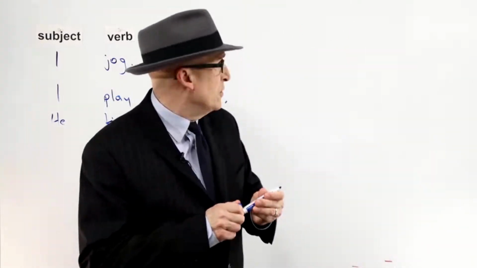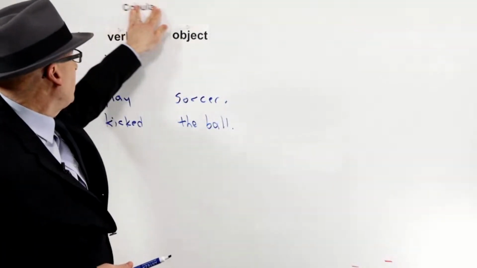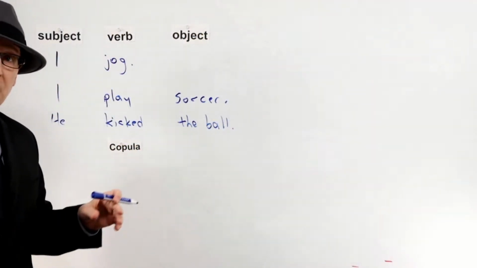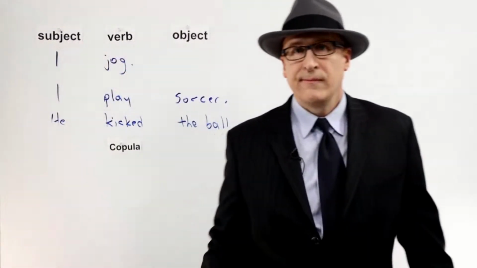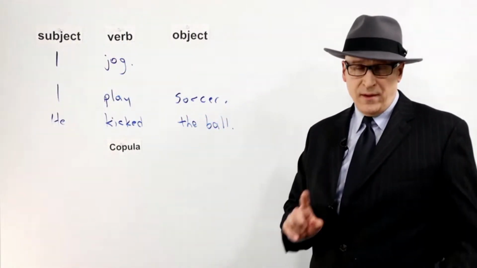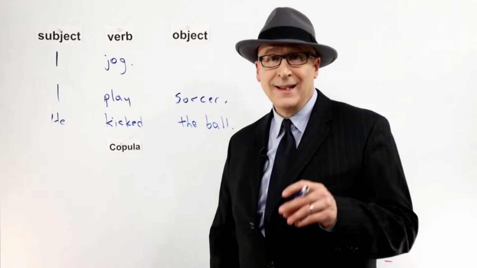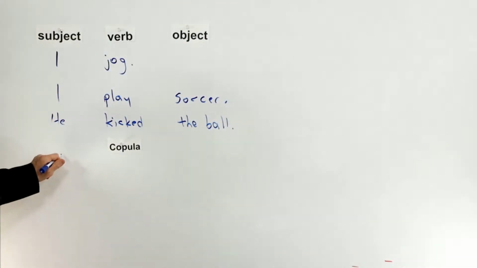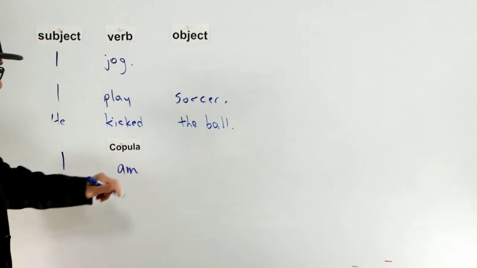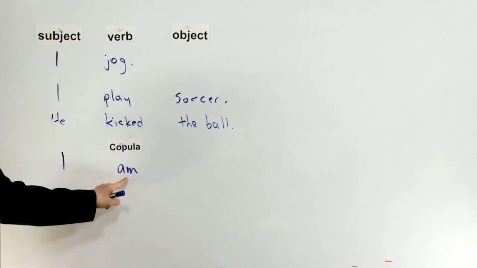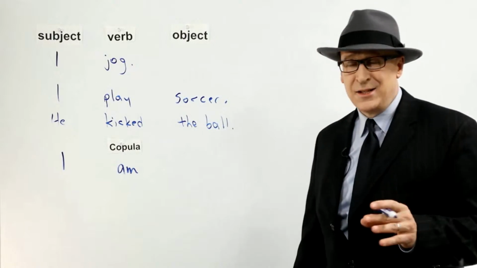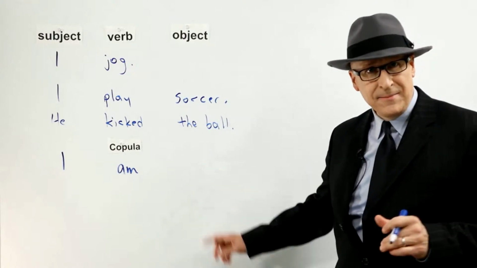You may recall that I introduced something called a copular verb. And copular verbs are what we call linking verbs. And you're familiar with one of them. The most common copula is the be verb. And so you can make a sentence like this. I am. Subject, verb, and it's a copular verb. But it's not a complete idea until we add something over here, right?